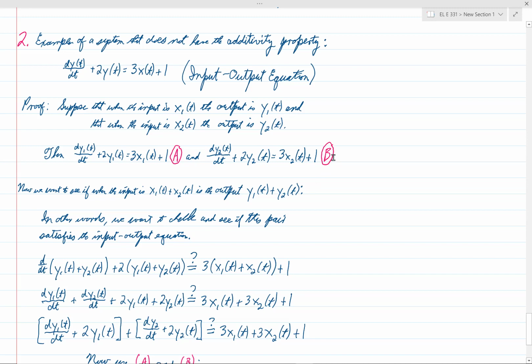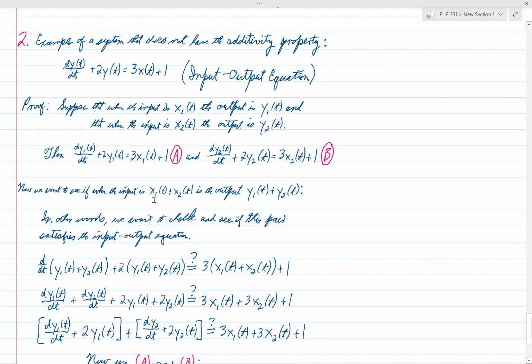And then, just as before, we now ask the question, well, if we plug in x1 plus x2 for x and y1 plus y2 for y, do we still get a truthful equation? If we do, the system satisfies the additivity property. If we don't, it doesn't. So let's check it and see.